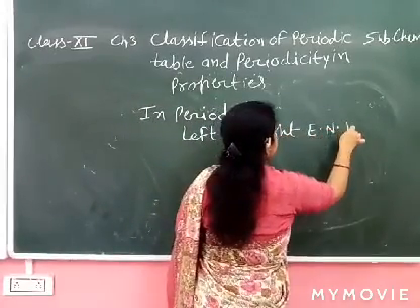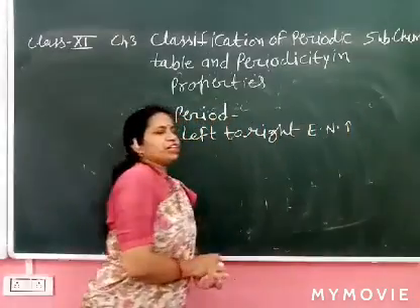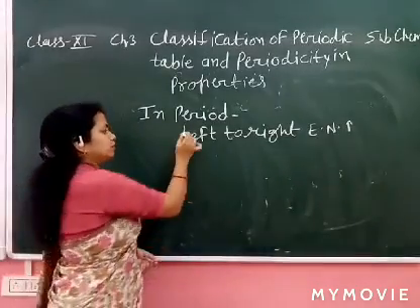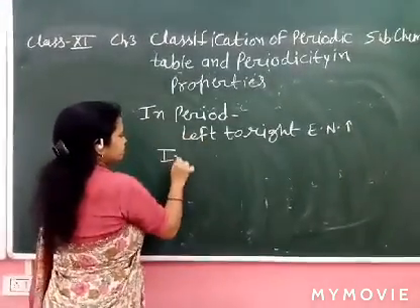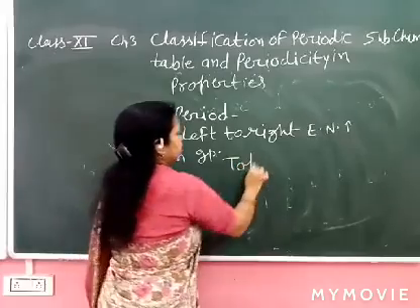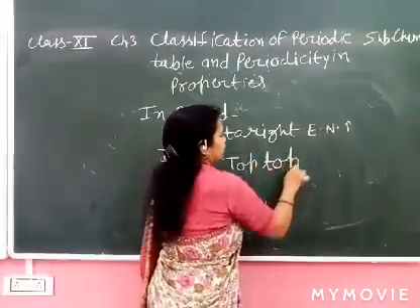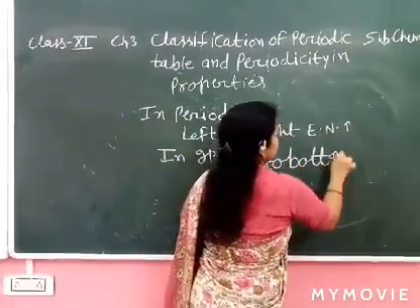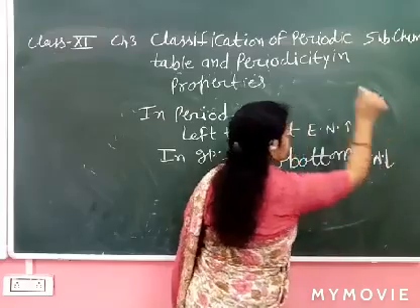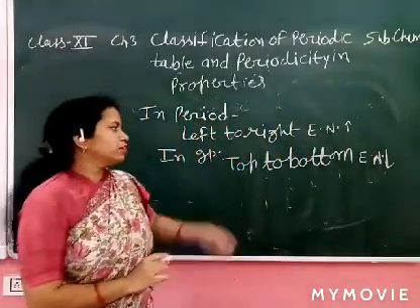The highest electronegative atom is fluorine. In a group, the general trend is that electronegativity from top to bottom is decreased. Now it's clear.